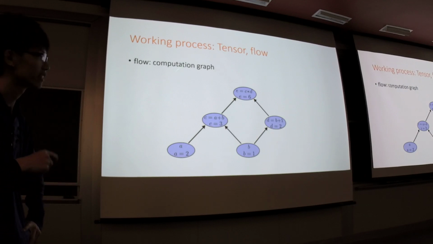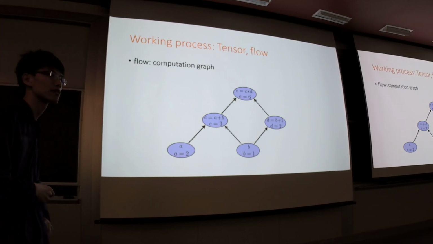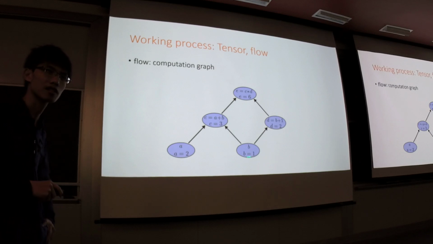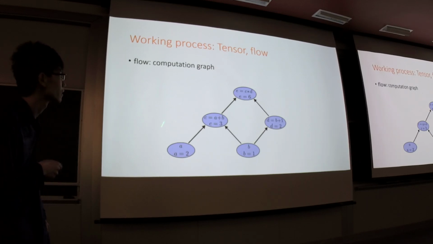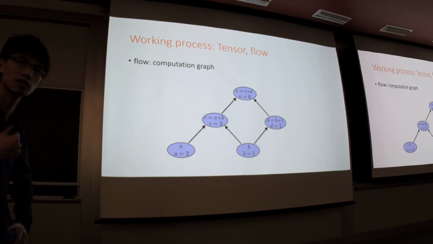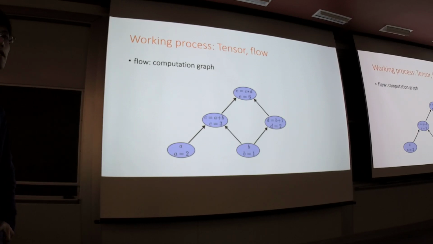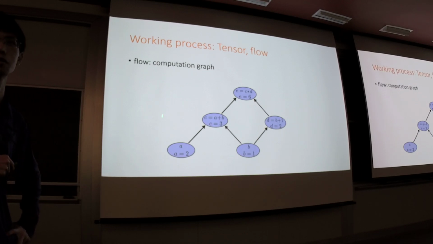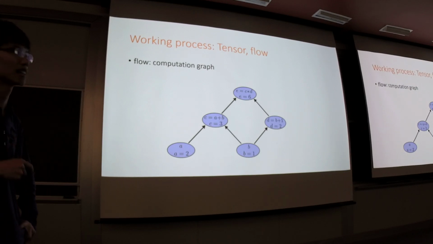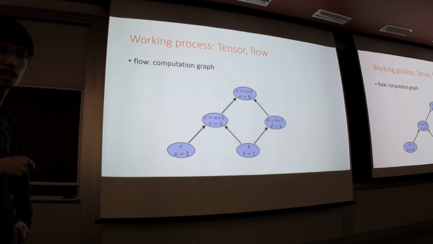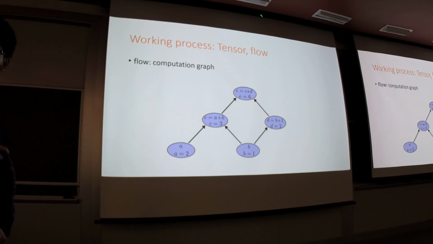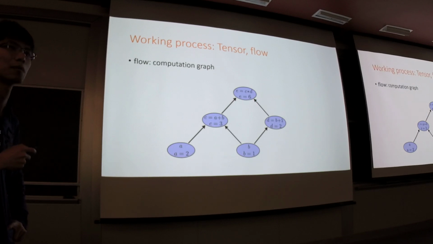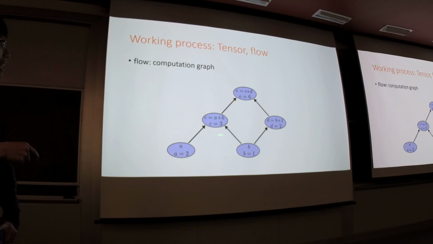So in TensorFlow, things happen in two phases. First, you define this computation graph. Second, you execute this graph. This is very subtle, but I will show you in the code. When you write it in TensorFlow, you always have to remember this. When you define C equals A plus B, something like this, you are just defining the operation, not the actual value.